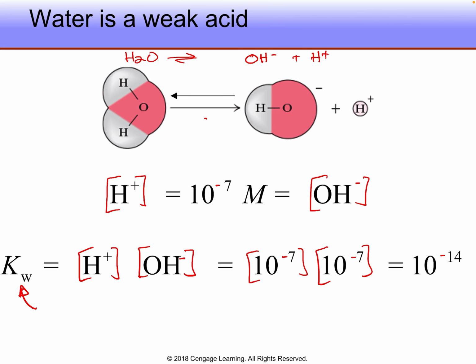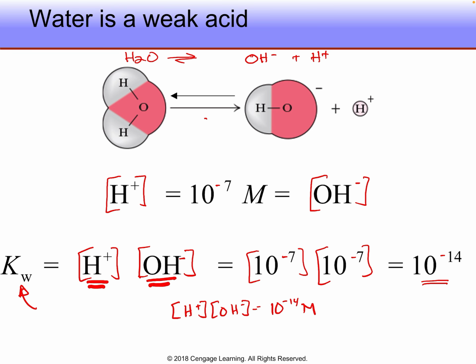So at all times in any aqueous solution, the concentration of the H plus multiplied by the concentration of hydroxide in molar form equals 10 to the minus 14. That is always true. Concentration of H plus times concentration of hydroxide equals 10 to the minus 14 molar.